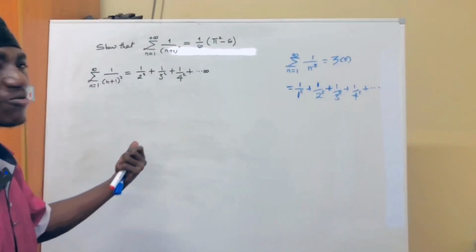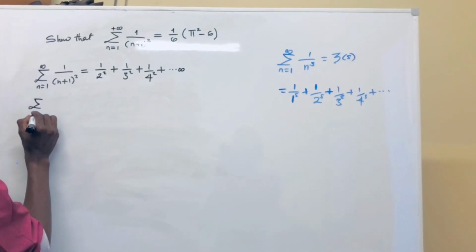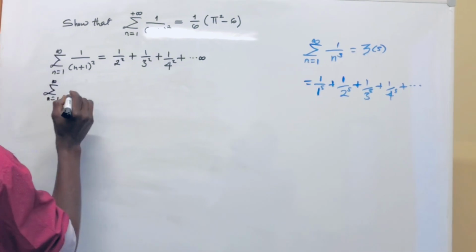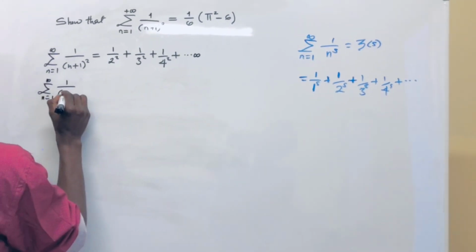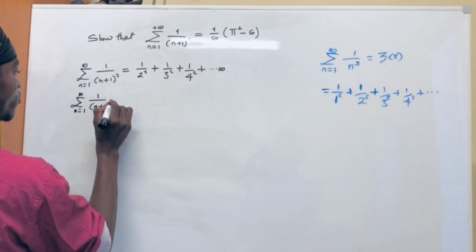Now let's add 1 and subtract 1. So we have the sum from n equals 1 to infinity of 1 over (n plus 1) squared.